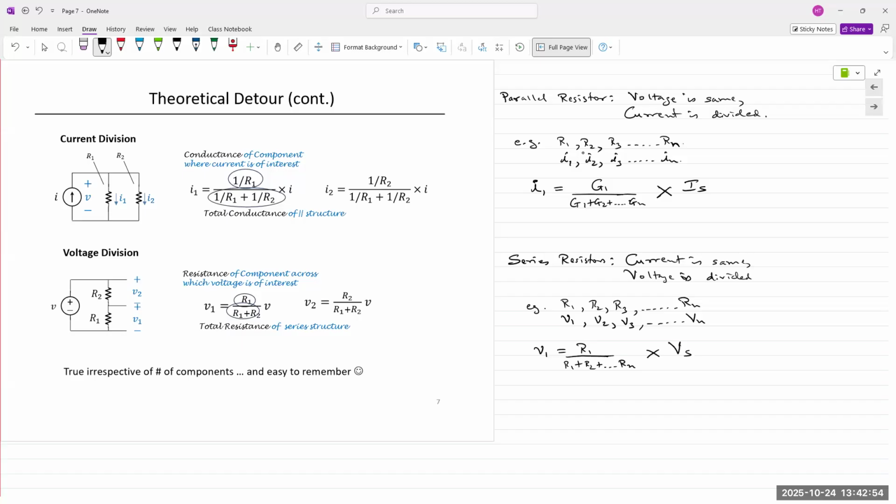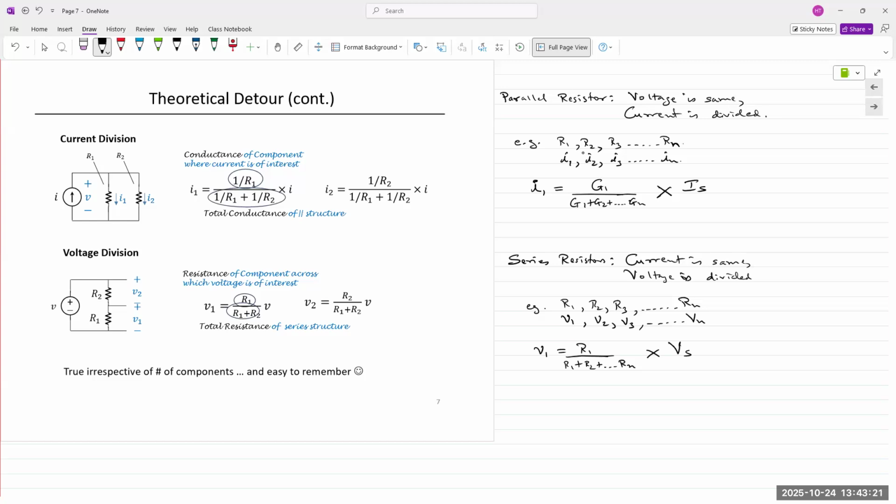Okay. This remains true no matter how many components you have connected in that parallel or that series circuit. N number of resistors in parallel or n number of resistors in series, you can very easily apply voltage division and current division. This is something I may ask on the quiz on Monday.